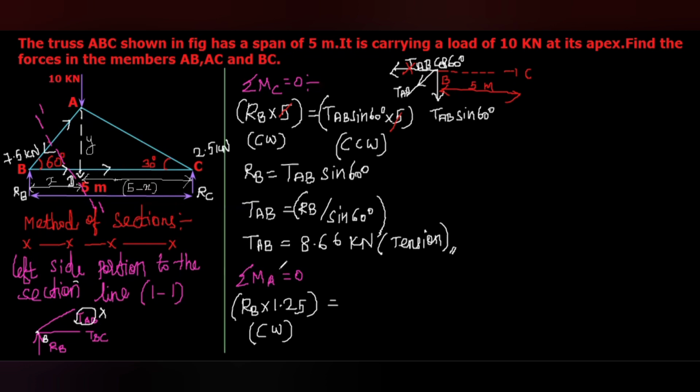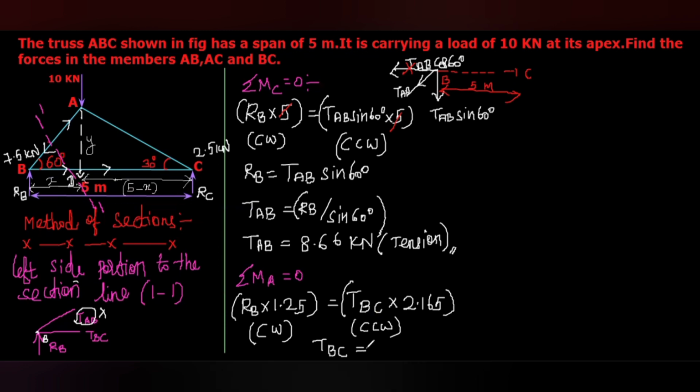So RB into 1.25 will be balanced by TBC multiplied by Y, that is 2.165. Now we know the value of RB, so by simplification we get the value of TBC, that is 4.33 kilonewton.